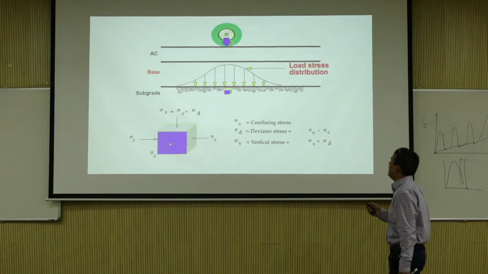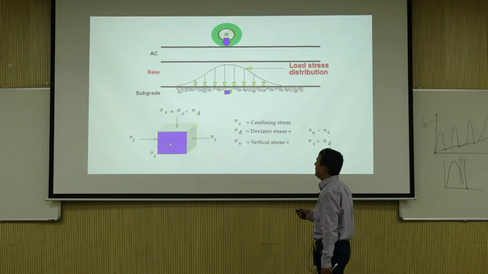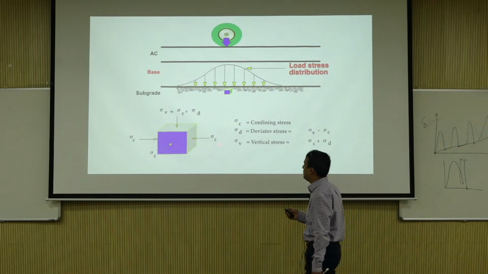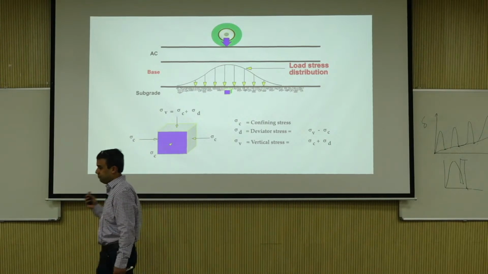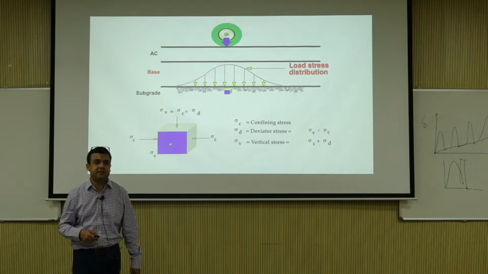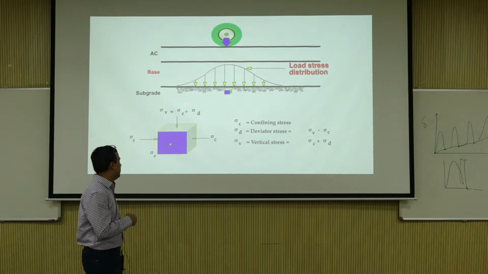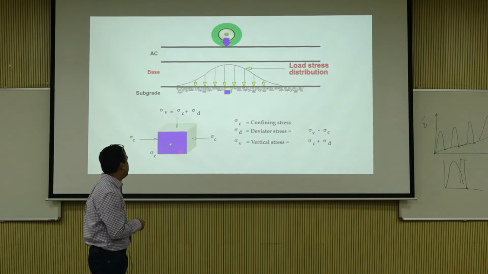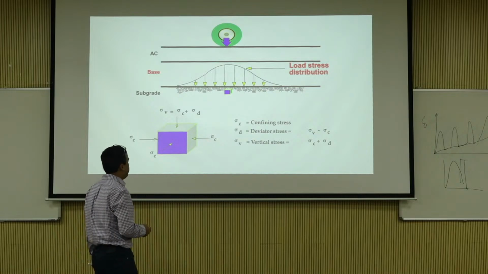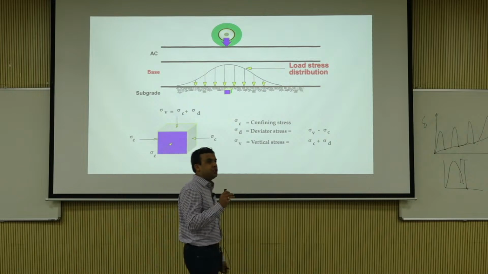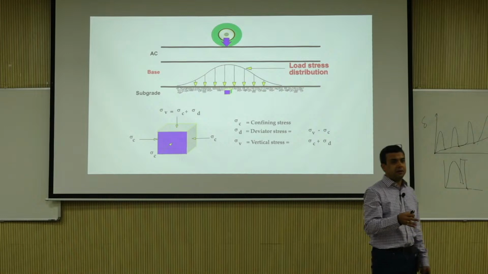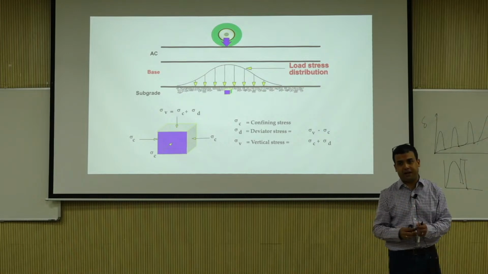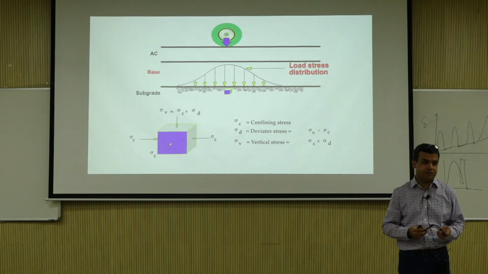So we're going to take a look at this. I talked a little bit about it yesterday. You have a confining stress, and then you have a deviator stress coming from the top that actually makes it sigma V. This makes it sigma C, and then if there is no shear, if you are directly on top of the sample, then they can be replaced by your major and minor principal stresses, right?